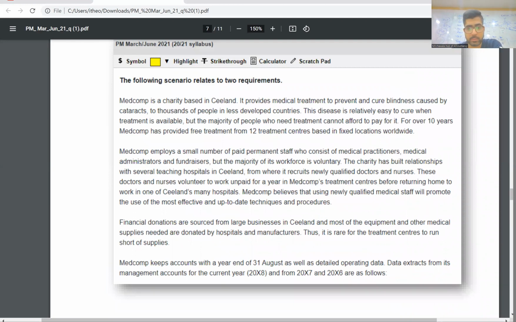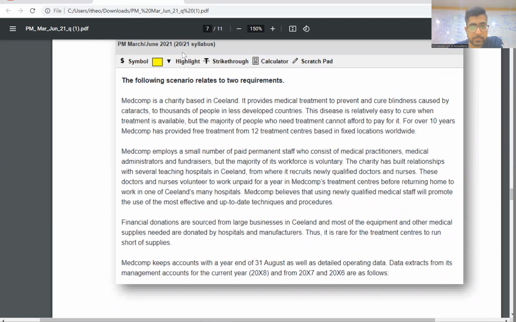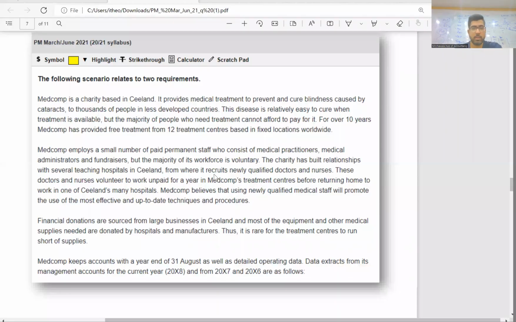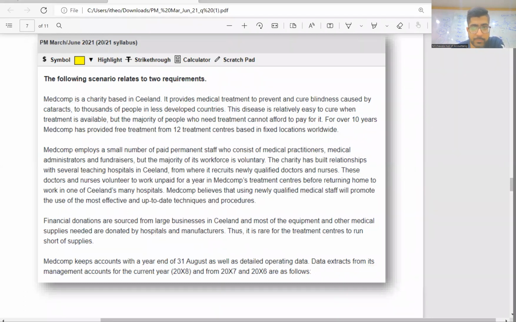The question states, MEDCOMP company is a charity.